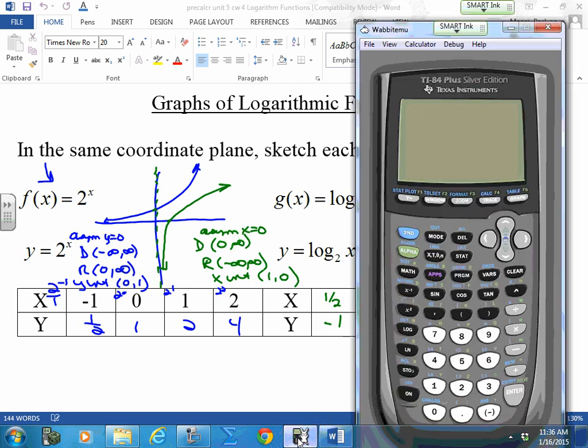Now, your calculator has the same problem with your logs as it does with your exponential curves. If I just graph base 10 and logs, again, you know how your exponential curves look like it stopped over here? This looks like it stops, but it really doesn't. If you do a value and you do 0.001, you're going to get a value for it.